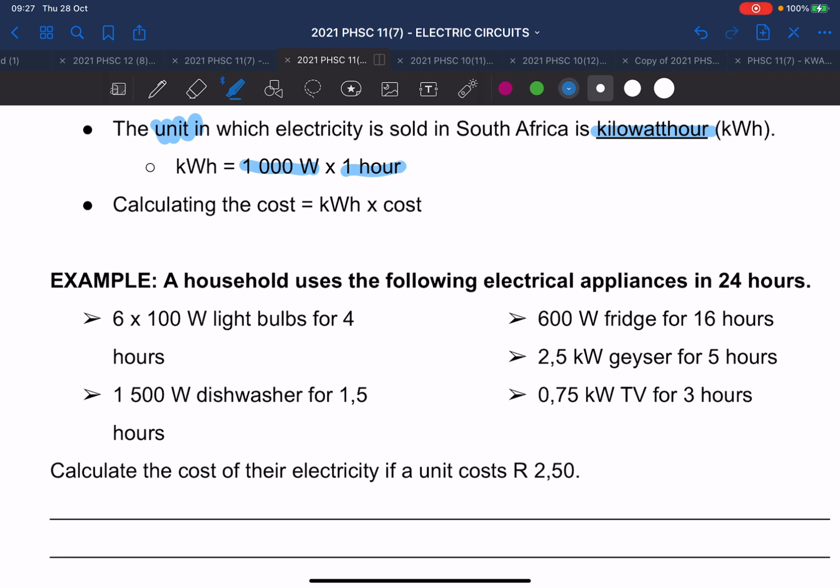So it switches itself on and off to save electricity. That is why you shouldn't leave your fridge door open, because then you lose electricity. Your fridge will not work for 16 hours, but for 20 hours. That is why where it seals, it must seal nicely, otherwise you pay more. Okay, sharp. Right, life lesson there.